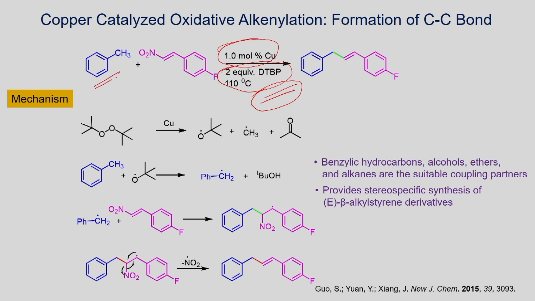Here the reaction of toluene with this nitrostyrene derivative is shown. It can couple together, and you will be able to form the CC coupled product. You make a new carbon-carbon bond between the methyl group of toluene and this carbon. Now let us look at the reaction pathway of this transformation.